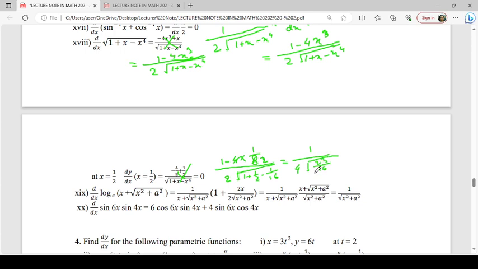So this is 16 root over, it is 4, so this gets cancelled, so it is 1 by root over 23. So this is the value.